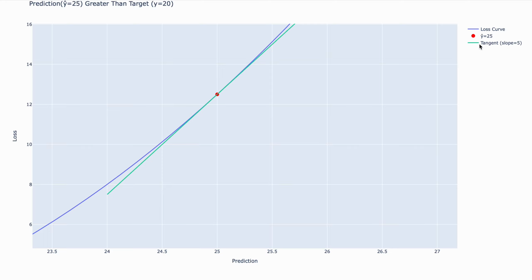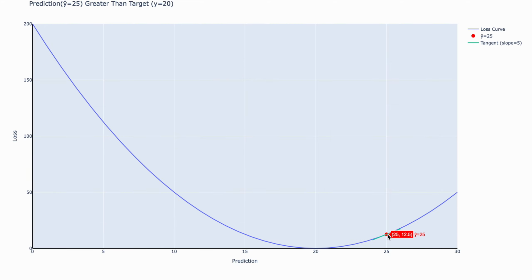Well, if you look over here, the slope, or the gradient, is 5, which means that a small change in y hat is going to yield a 5 magnitude effect on the loss. Okay? So decreasing the prediction by 1 decreases the loss by 1 times 5. So we decreased the loss over here from 12.5 to 7.5. So I hope that makes sense as to what happened.